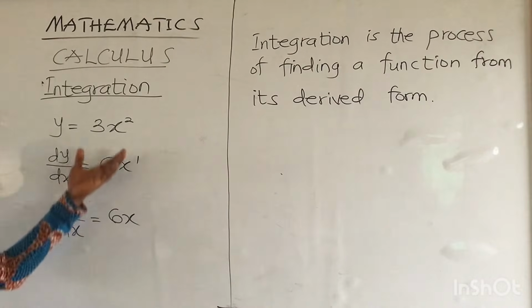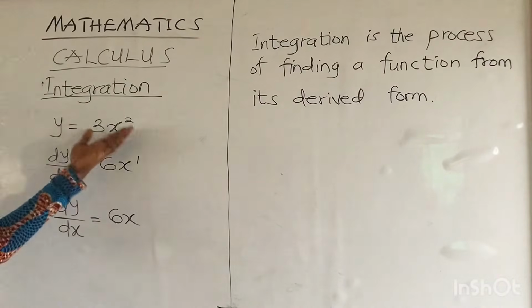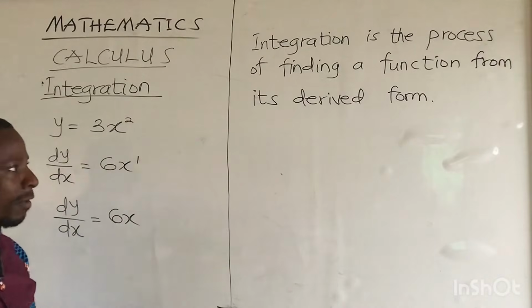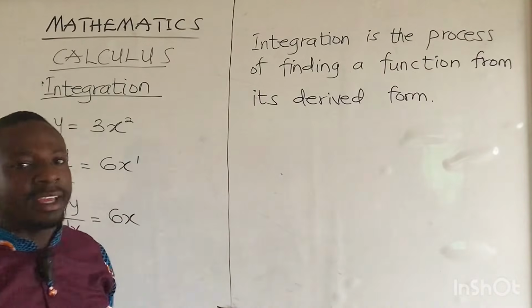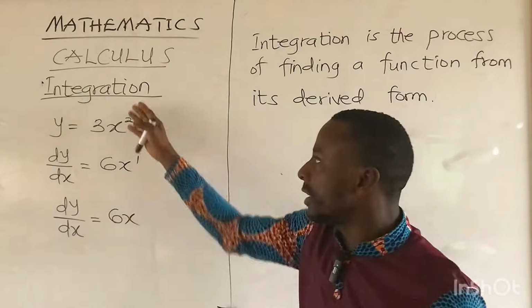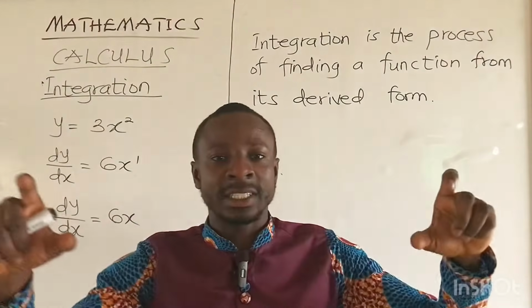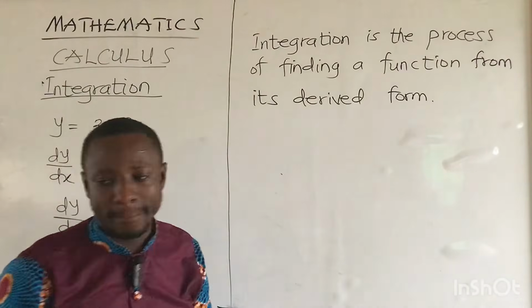So from here, this is the function. We want to find the derived form of it. Now, integration is talking about addition, just as differentiation was talking about difference, but under integration, we are going to add up.